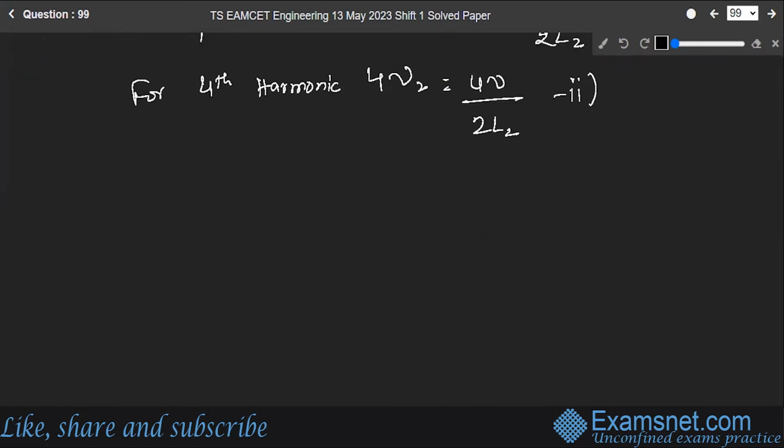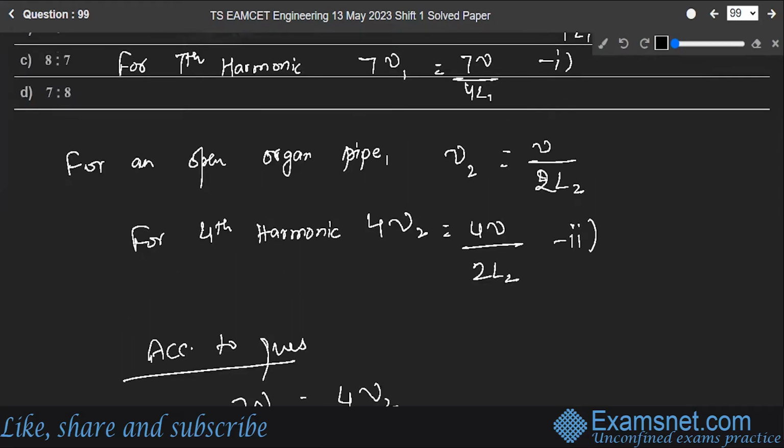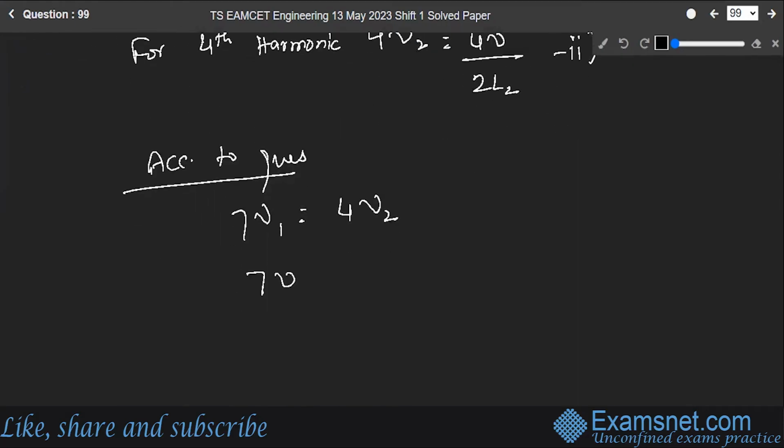Now, according to the question, you have 7 mu1 is equal to 4 mu2, or let's write that as 7 upon 4L1 is equal to 4 mu upon 2L2.